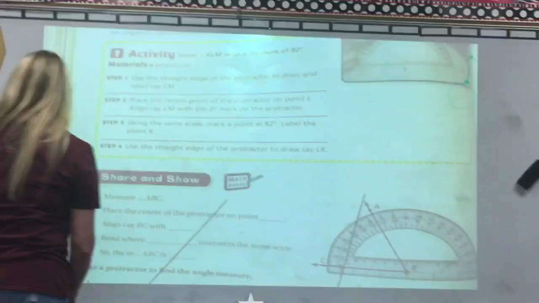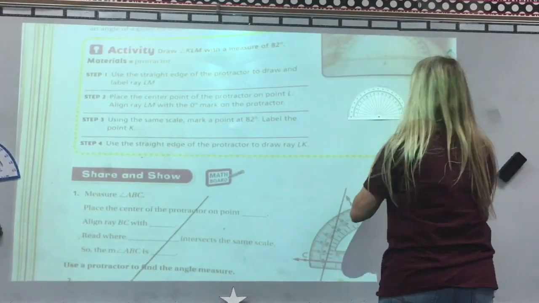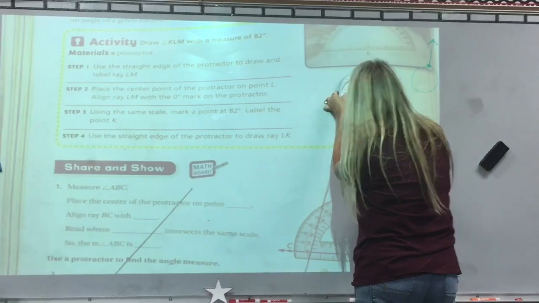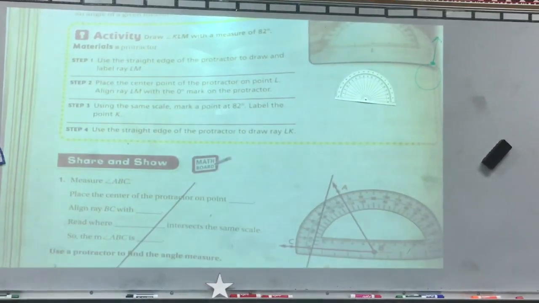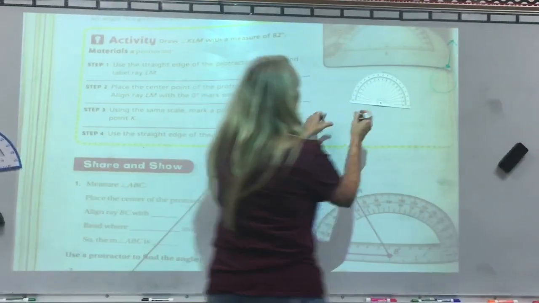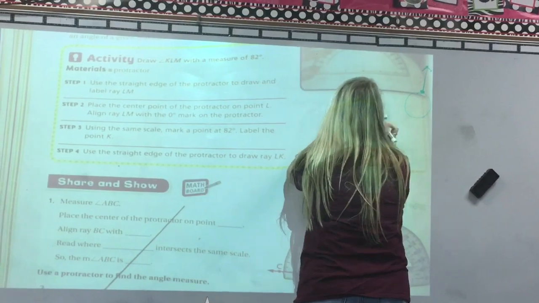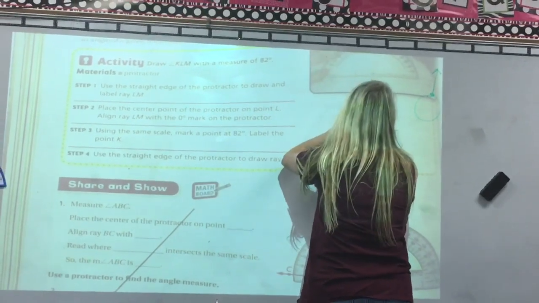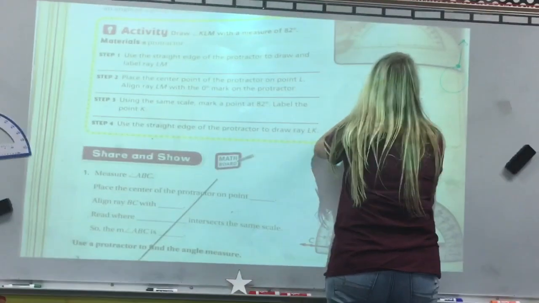So what I'm going to do, here on the side of the paper, is mark my vertex right here. Our typical problem, the marker is out. Right here, we're going to mark the vertex, and we're going to draw ray LM.